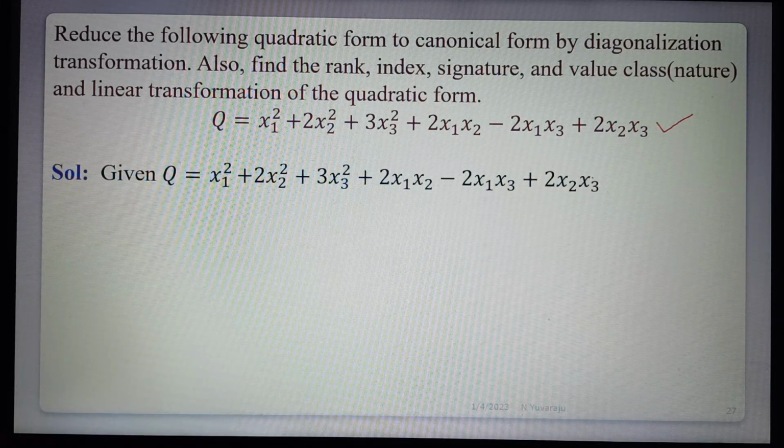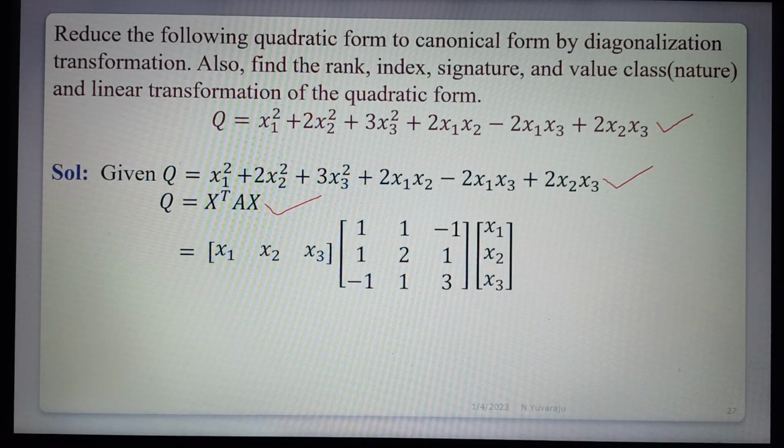Given Q, which is a quadratic form, first of all we find the matrix notation X transpose AX. The number of unknowns is 3, so Q is equal to X transpose AX, where X is the matrix of unknowns x1, x2, x3, and A is the coefficient matrix.